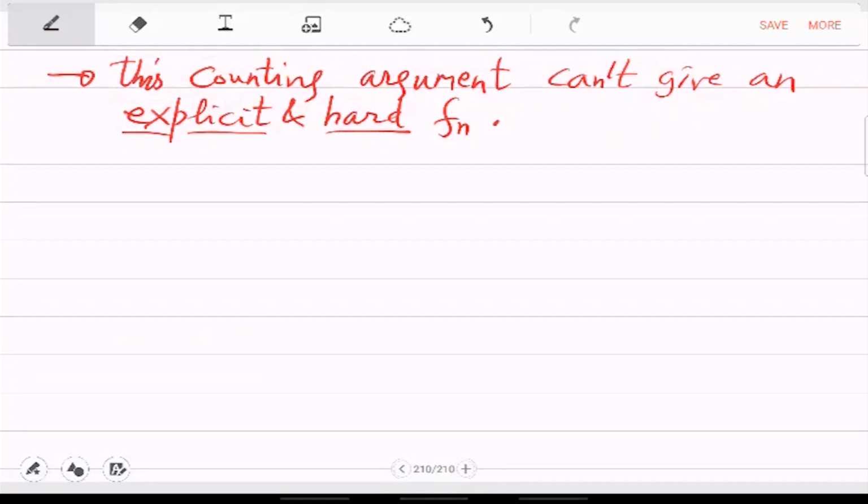That is the problem with such proofs, but at least you know that hard functions exist. In fact, this 2 raised to 2 raised to n is so much bigger than S raised to S that almost all functions are hard.